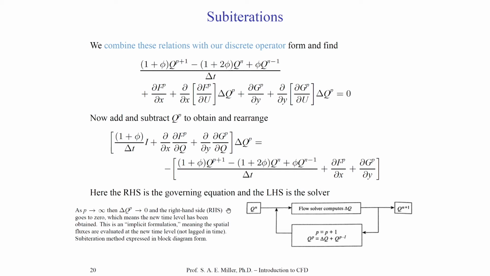We can illustrate the use of the solver through a little flowchart in the lower right. Recall we know q to the n. That's the field variables, rho, velocities, pressures, temperatures, and energies at time n. We want to go to time n plus 1. To do that, we would go through the flow solver, which computes the delta q. Using the delta q, we would advance from p to p plus 1 and advance q^p using delta q^p, q^(p minus 1).